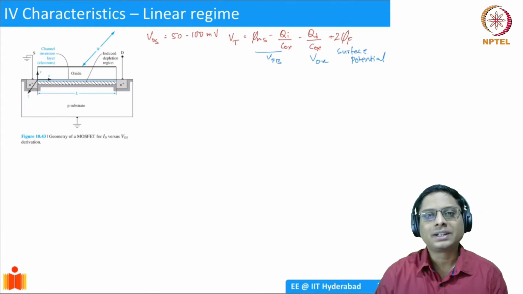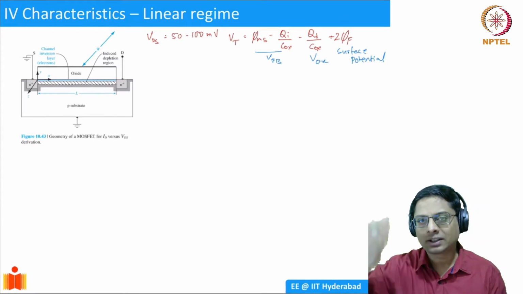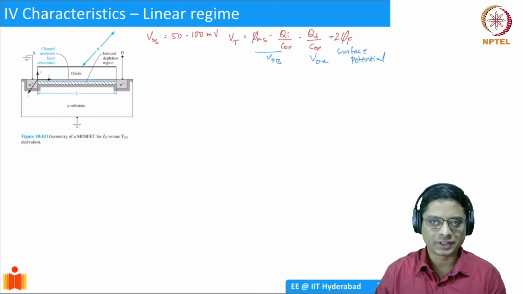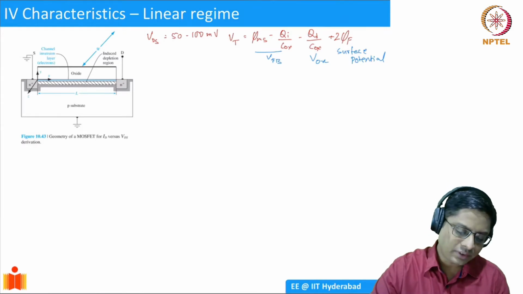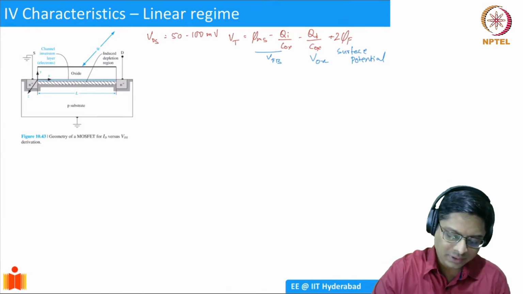Now, if you increase VG above threshold, what happens? We said that there is a quick buildup of inversion charge right below the oxide, and it behaves like a parallel plate capacitor. So we can write an expression for VG just above the threshold.